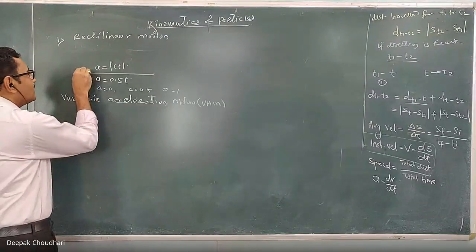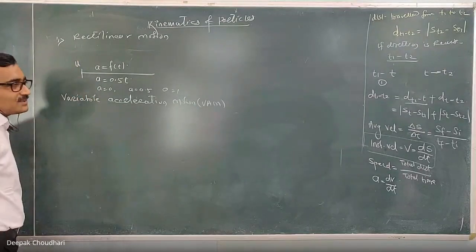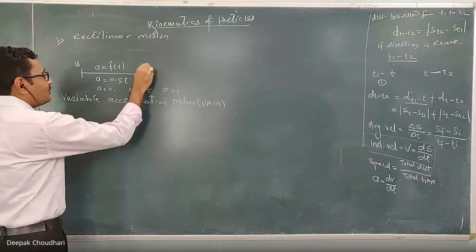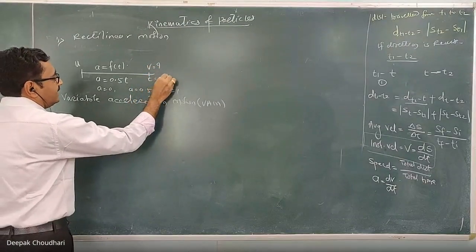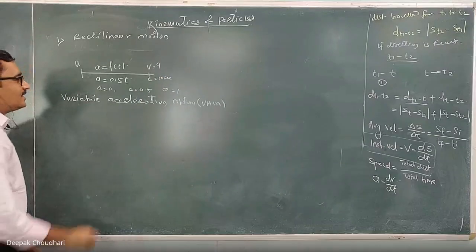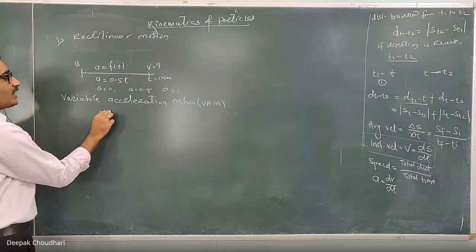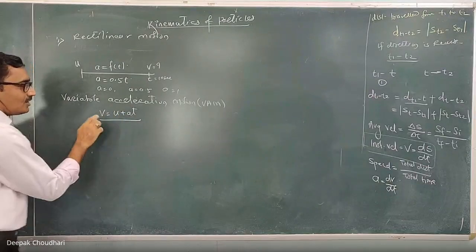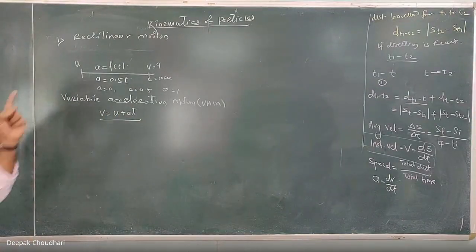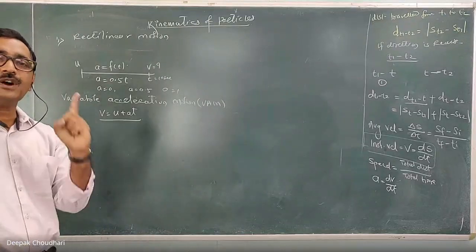Now suppose the initial velocity of the particle is u, and I want to calculate the velocity of this particle at t equal to 10 seconds. For variable acceleration motion you cannot use the equation v equal to u plus at. Remember, this equation can be used only for uniform acceleration motion.